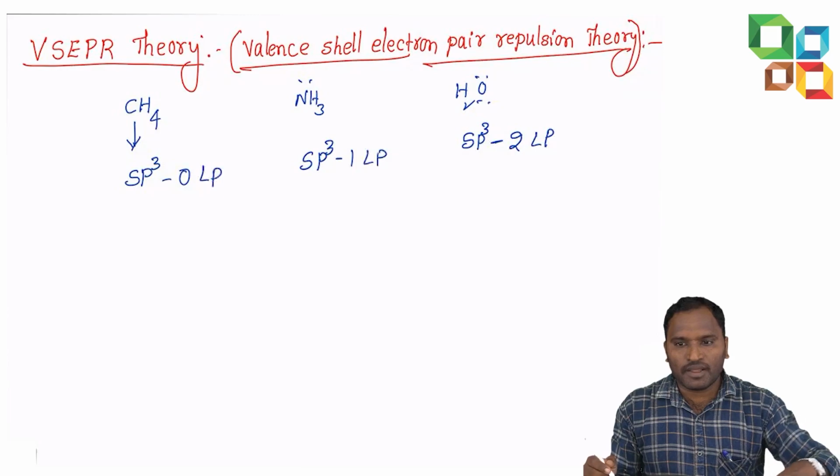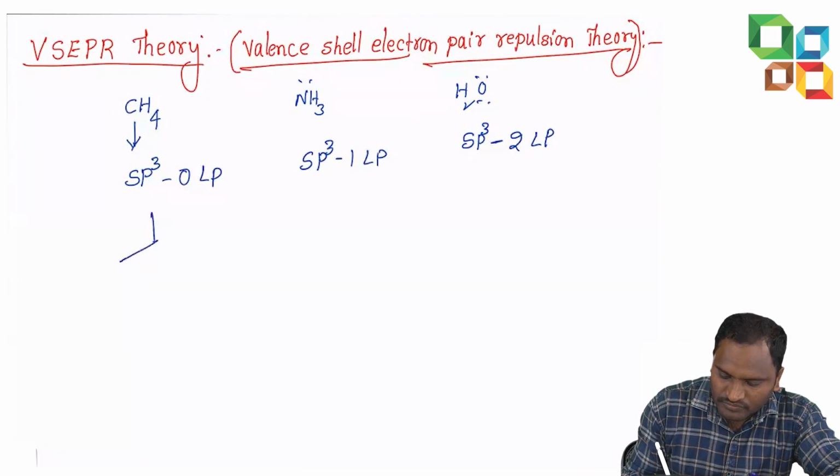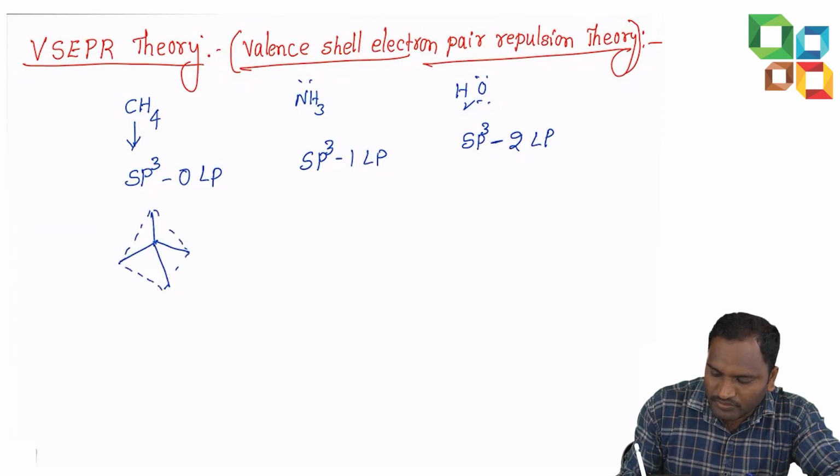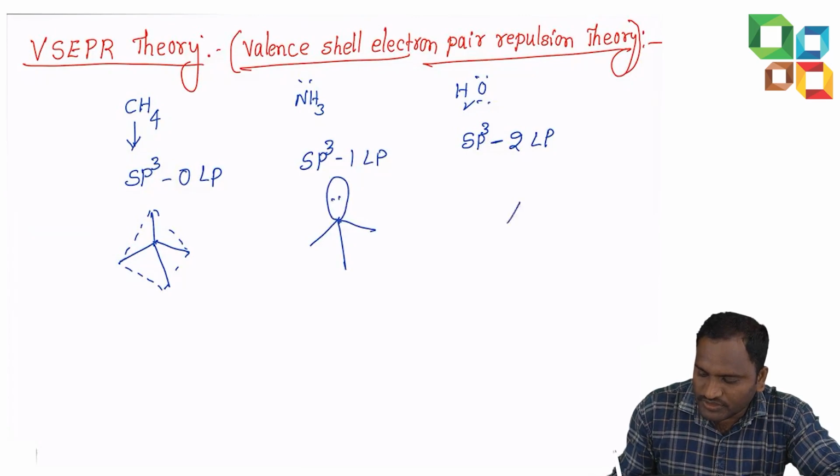Zero lone pairs, its shape is tetrahedral. NH3 shape is pyramidal.